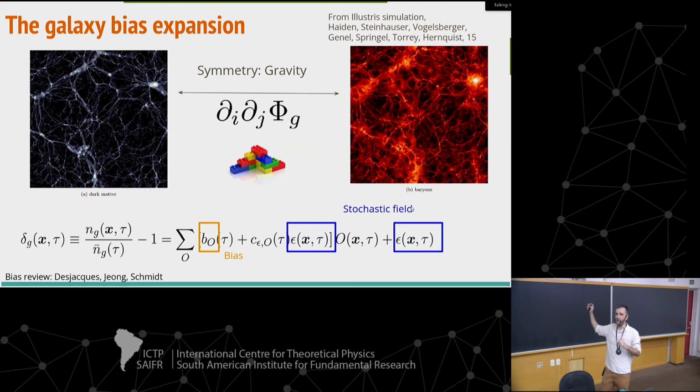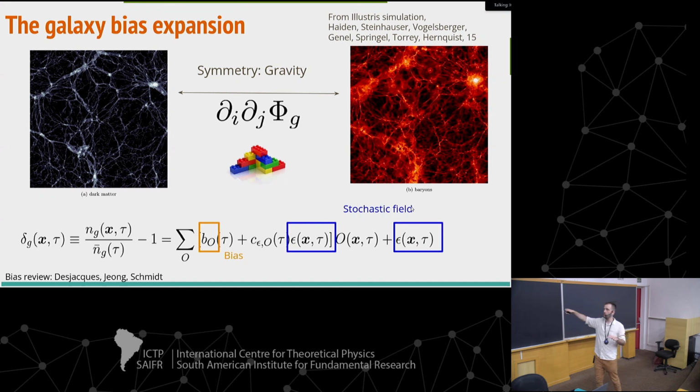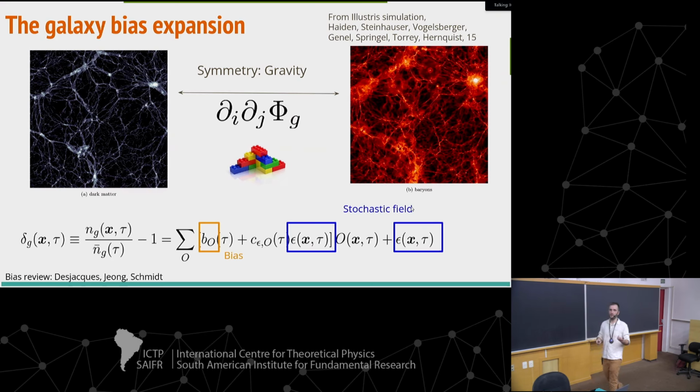In the case of matter, matter is a trace of matter itself with some of those bias coefficients fixed to 1 and to 0, basically. What I'm thinking about is a generalization of the matter case in which we have different bias coefficients b_O, with more general operators O allowed here. In the case of matter, we have equations of motion that fix many of those bias coefficients. It's basically the trivial case.